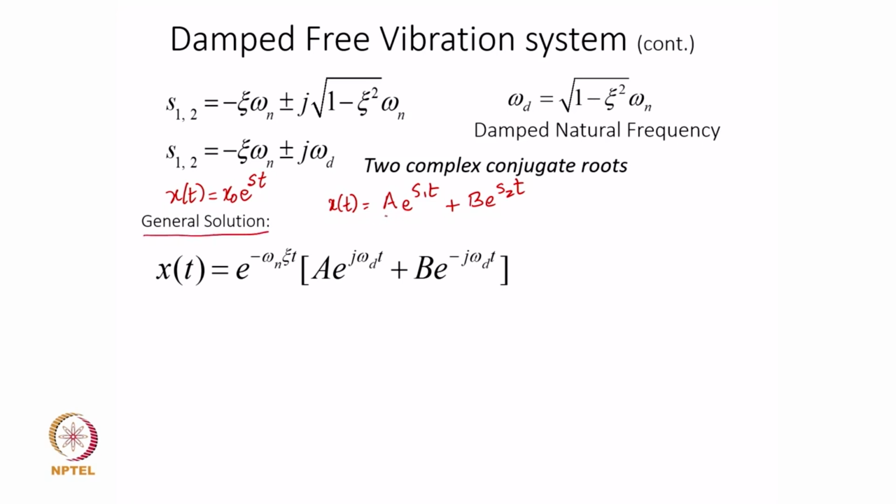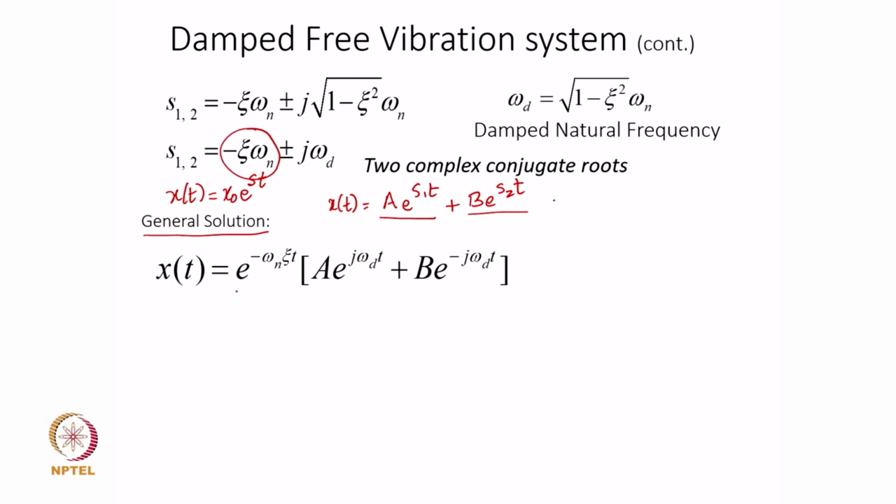So, that is why S 1 will contribute, S 2 will contribute, and the total response will be simply the addition of the two terms. Now, as we notice, both S 1 and S 2 do have a common real part. So, this is how it has been done.